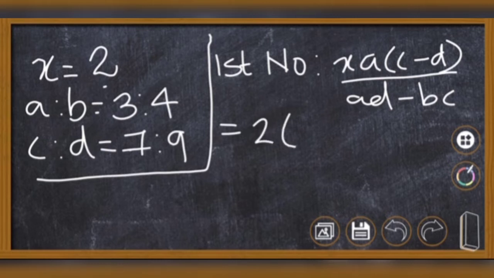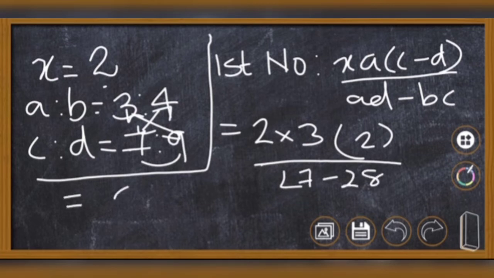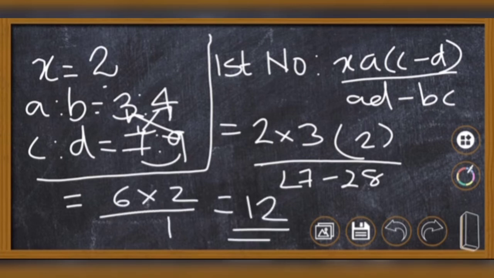So x is equal to 2, a is 3, c minus d is 7 minus 9, that is minus 2, divided by the difference between the cross products, that is 3 into 9, 27, minus 7 into 4, 28, 27 minus 28. That is 2 into 3, 6, into 2, divided by 1, that is 12 divided by 1, that is 12. So the first number we got is 12.